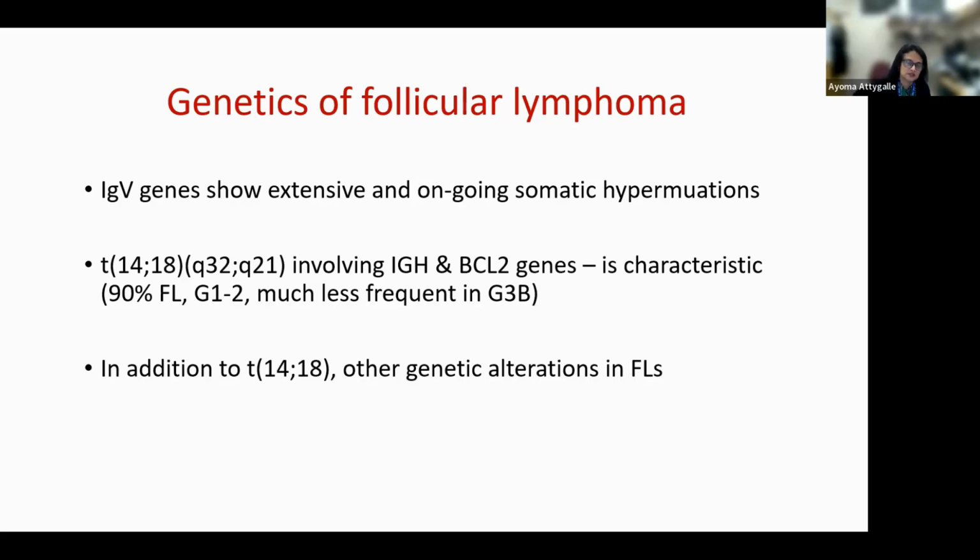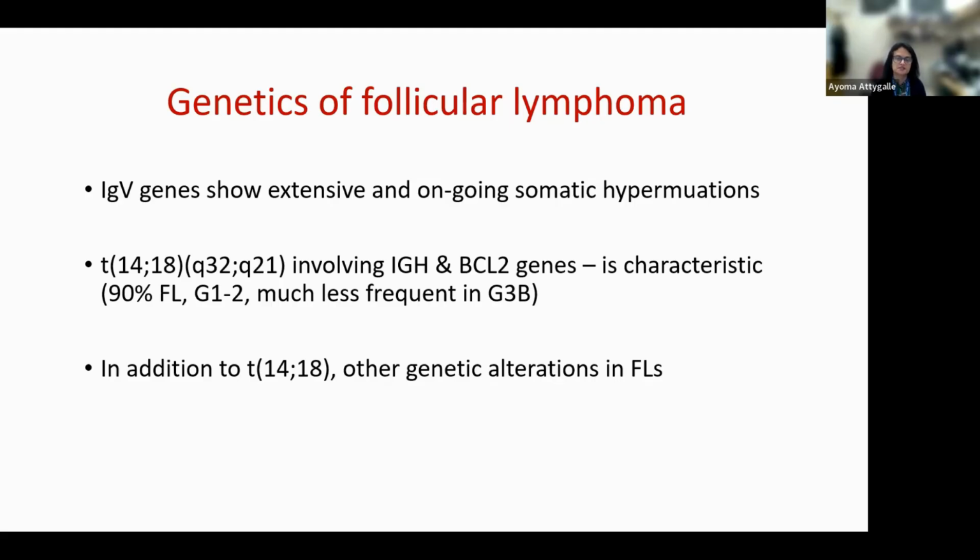In more than 90% of cases of low-grade follicular lymphoma, much less frequently in grade 3B, you have the characteristic rearrangement, which is the 14;18 translocation involving the IGH and BCL2 genes. So we know that BCL2 is an anti-apoptotic gene, which has to be switched off in the reactive normal germinal centers.